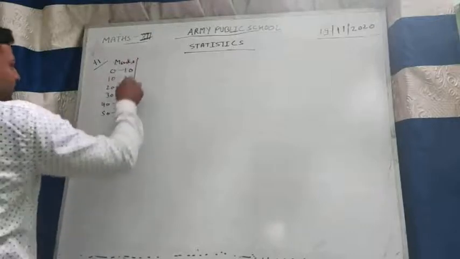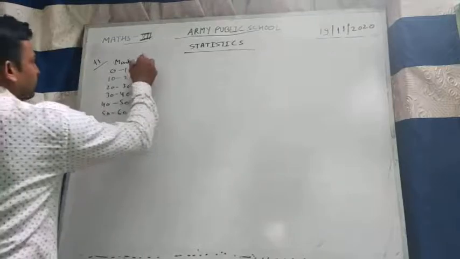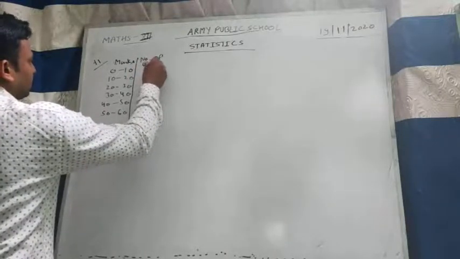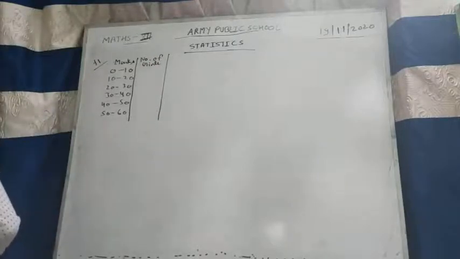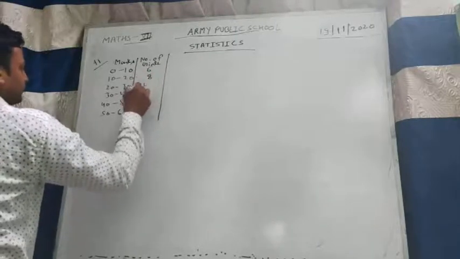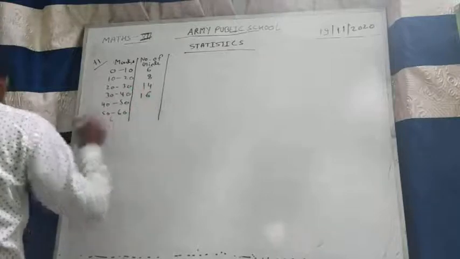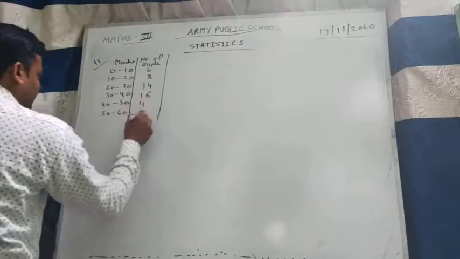Okay. Now next we have the number of girls: 6, 8, 14, 16, 4, 2.